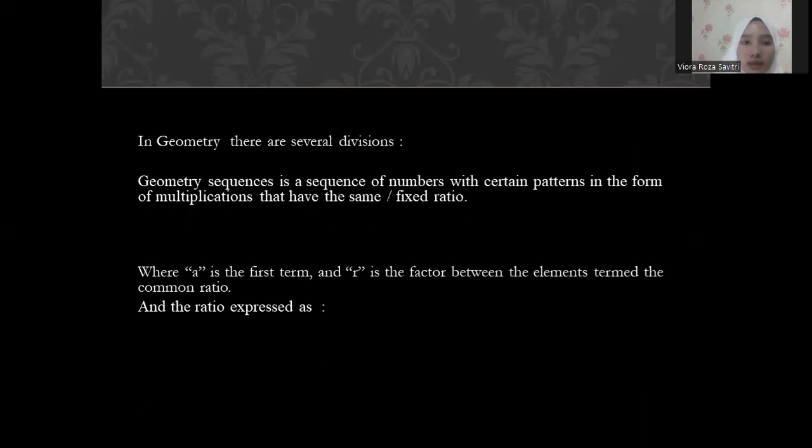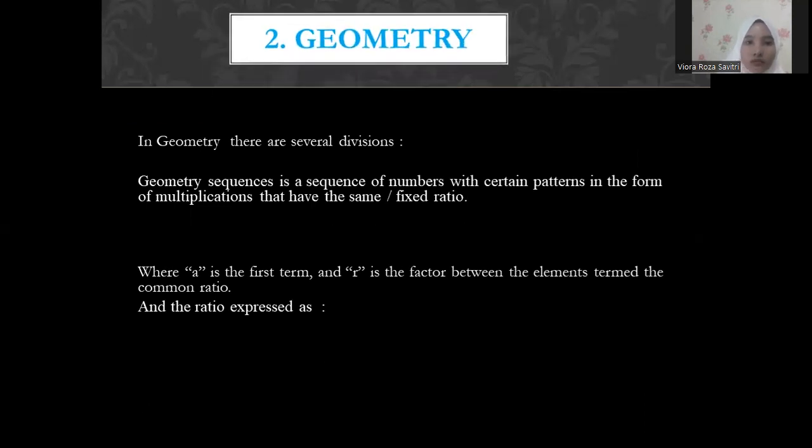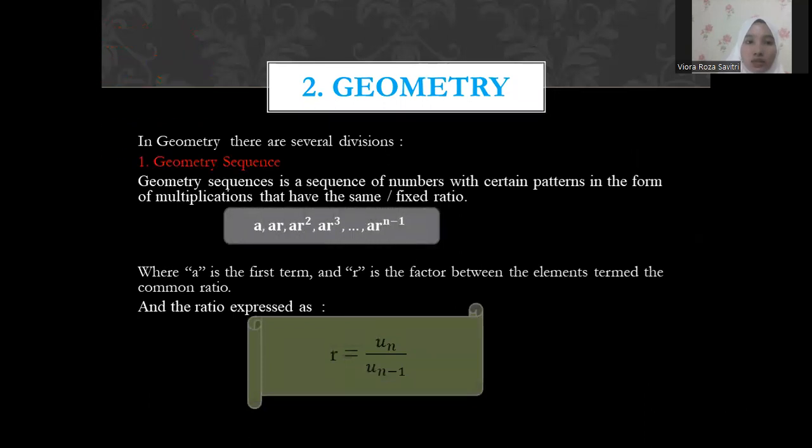In geometric, there are several divisions. Number 1, geometric sequence. A geometric sequence is a sequence of numbers which contains patterns in the form of multiplication that have a ratio. It is a, ar, ar squared, ar cubed, until ar to the power of n minus 1, where a is the first term and r is the factor between the terms, the common ratio.